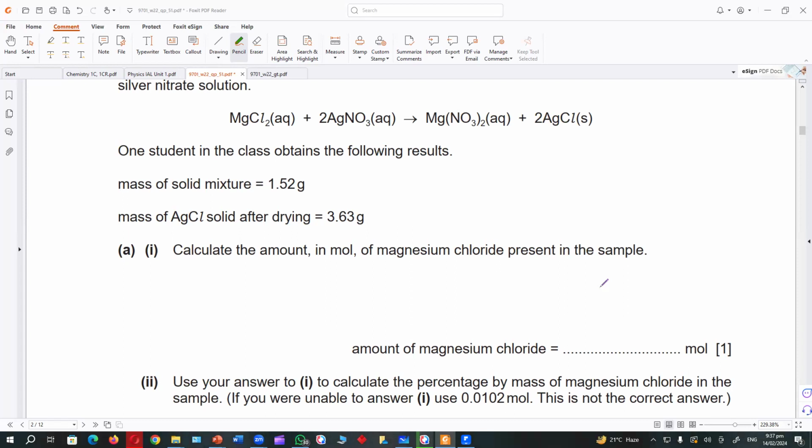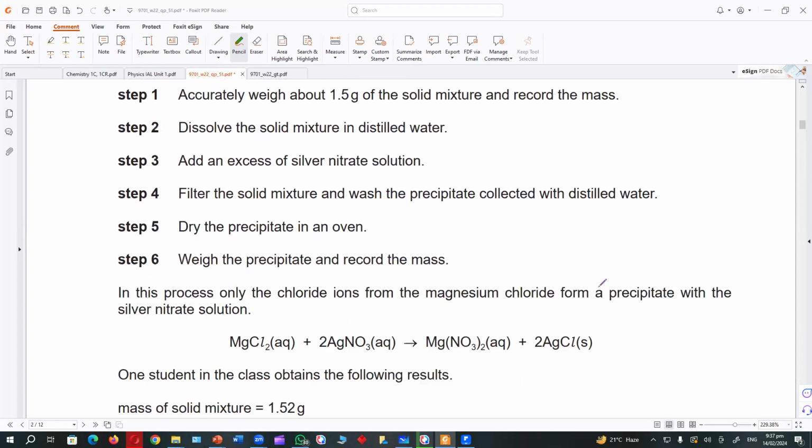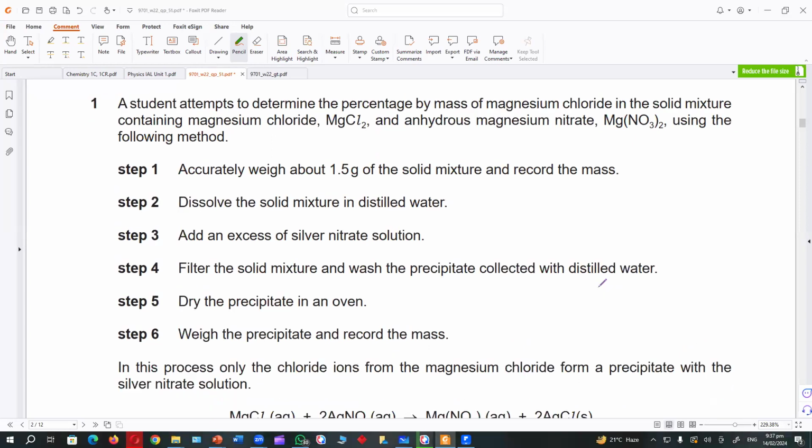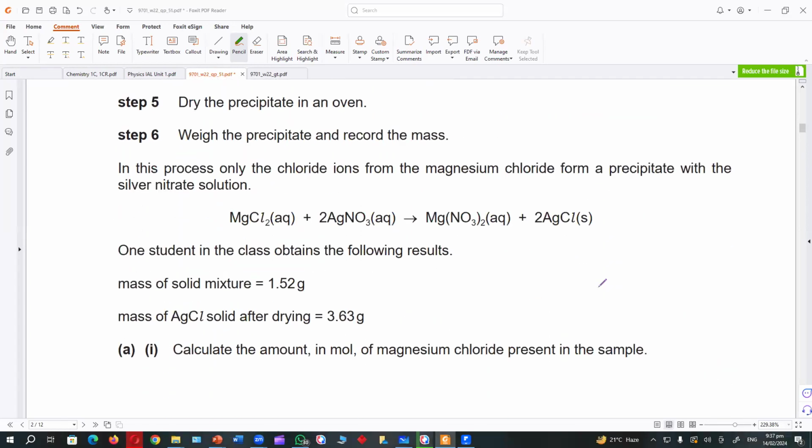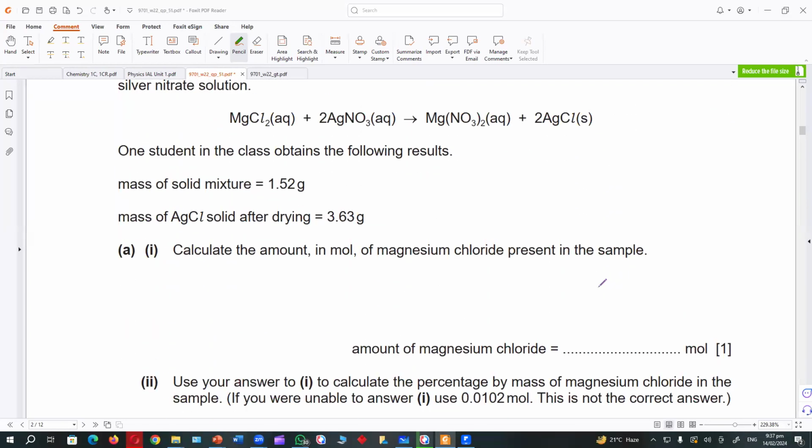Do we have silver mass? I'm sorry. This is the data booklet time now. So how do we get the molar mass of silver chloride? Can you get the masses for silver and chlorine? Yes.